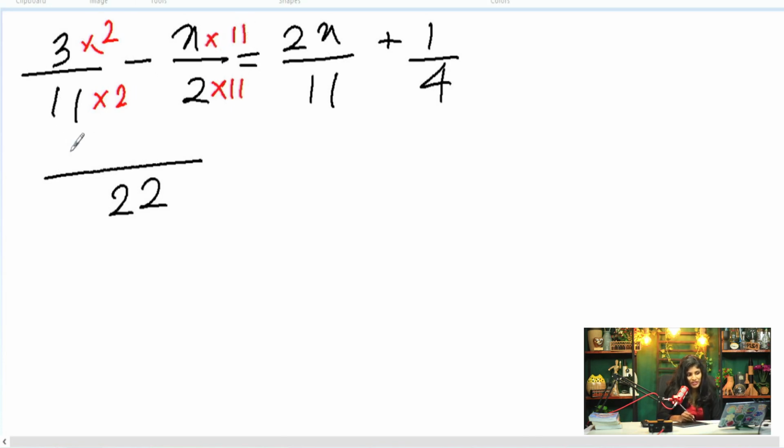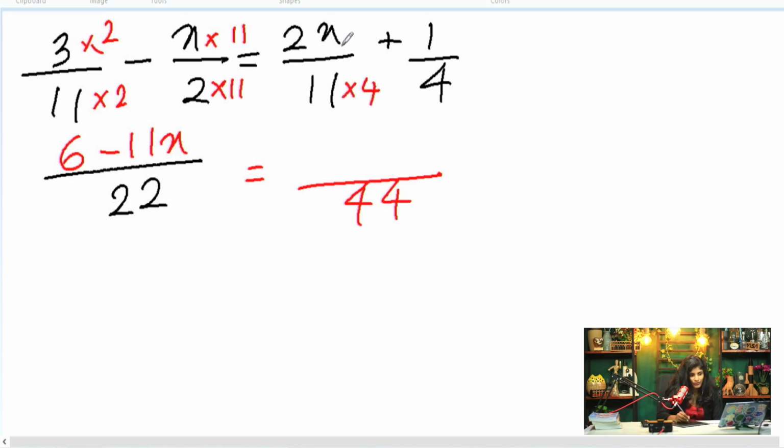2 times 3 means 6 minus 11x equals, here I will take the common denominator as 44. This one by 4 and this side by 11. So, 4 times 2x means 8x plus 11.